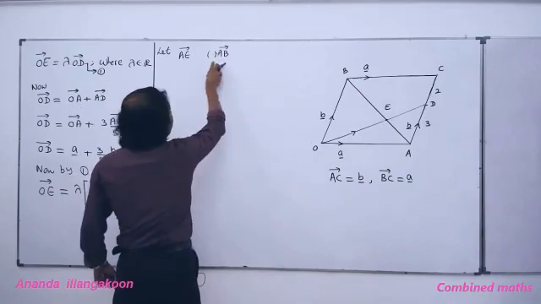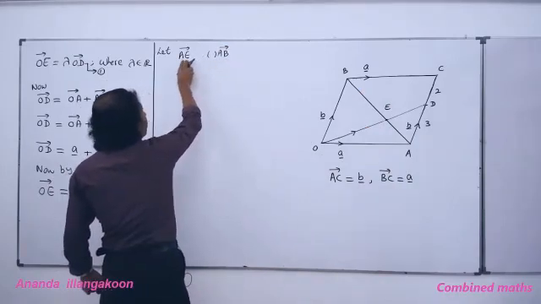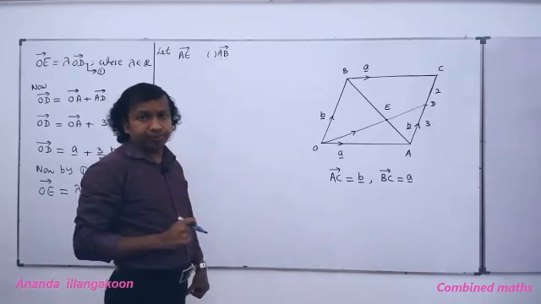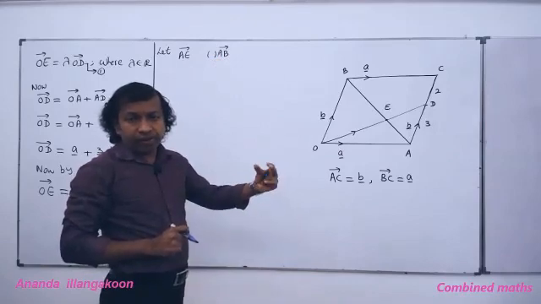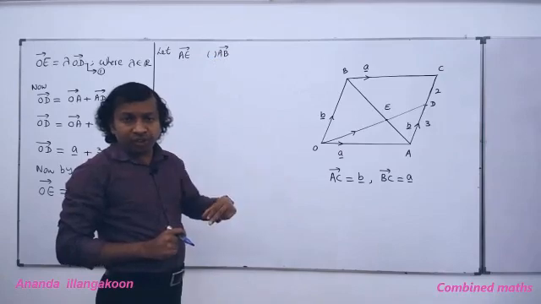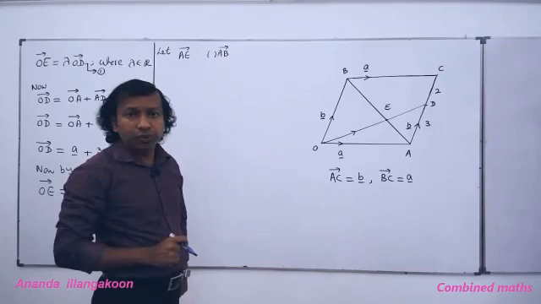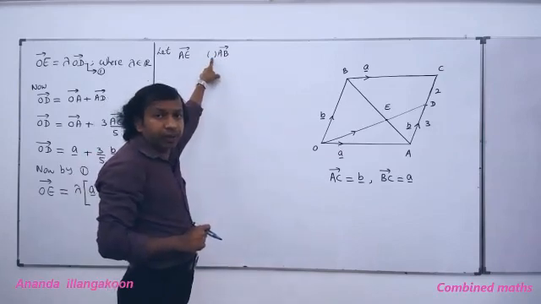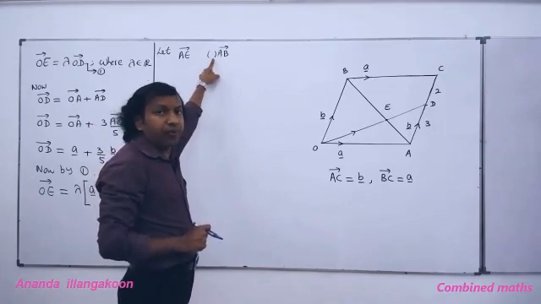This value should be less than 1. The reason is this is the longer one, this is the shorter one. From a longer one, if you need to take a shorter one, the longer one should be multiplied by a value which is less than 1. By 100 centimeters, if you need to take 50 centimeters, 100 should be multiplied by half. Multiplied by half means dividing by 2, no? So that's a real number which is less than 1.